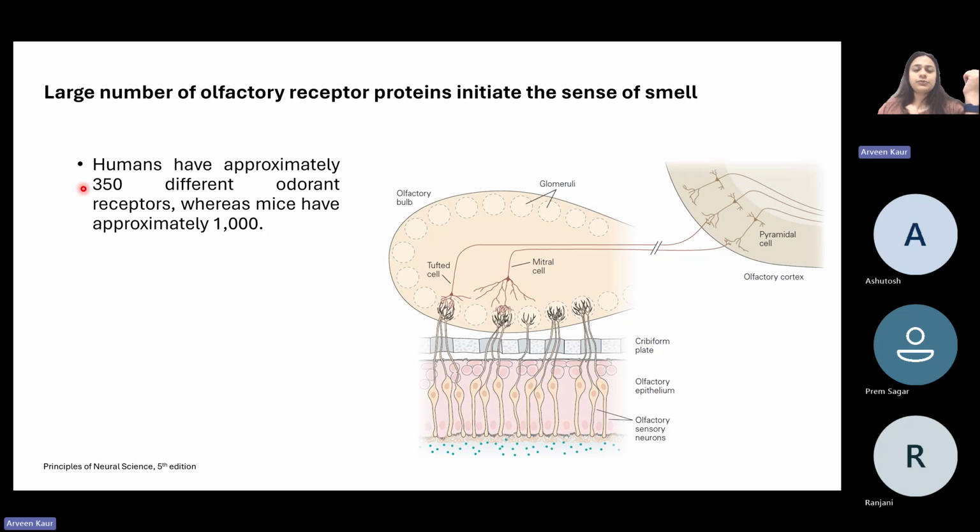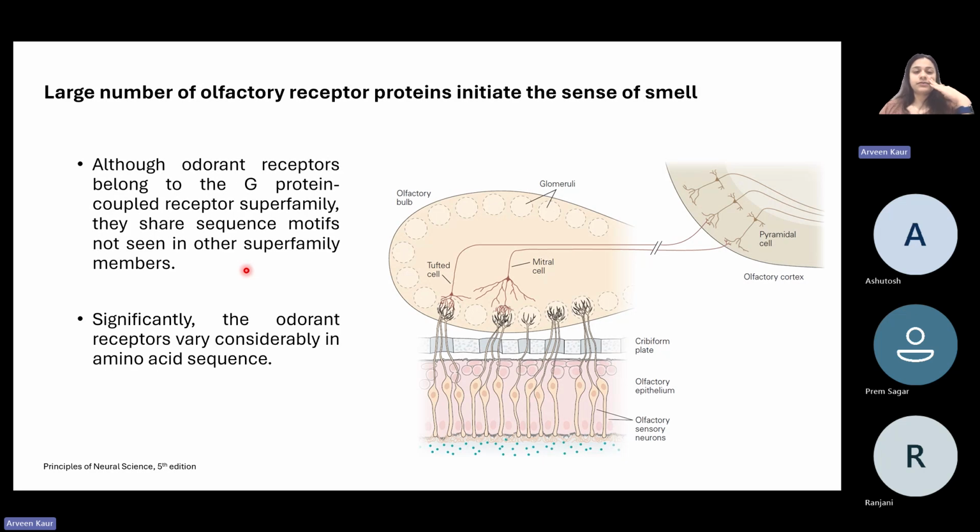Humans have approximately 350 different odorant receptors, while mice have approximately 1,000 odorant receptors. Although odorant receptors belong to the G protein coupled receptor superfamily, they share sequence motifs not seen in other superfamilies, right? So they are a little different in their motif organization than other receptors of the GPCR family.